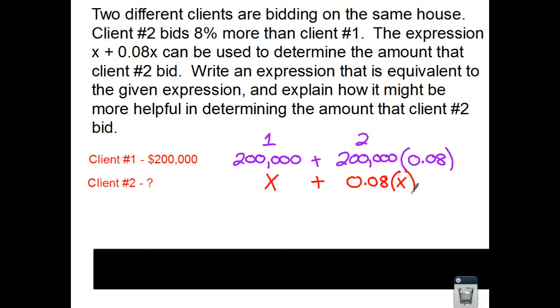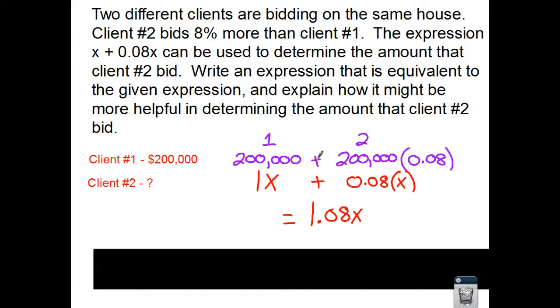So if I were to simplify this and make this easier, I could make this a 1X added to a 8/100 X. And if we combined our like terms like we did on the last couple screens, I would have 1 and 8/100 X. Okay, so would it be easier to take the purple line and do the multiplication of 8% and add on the $200,000 to it?